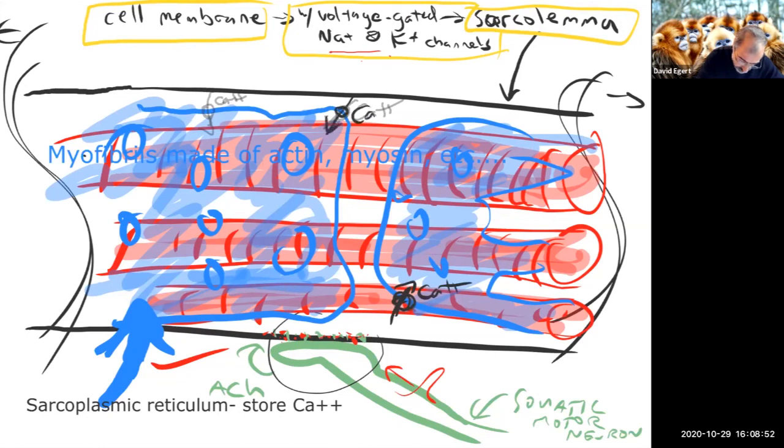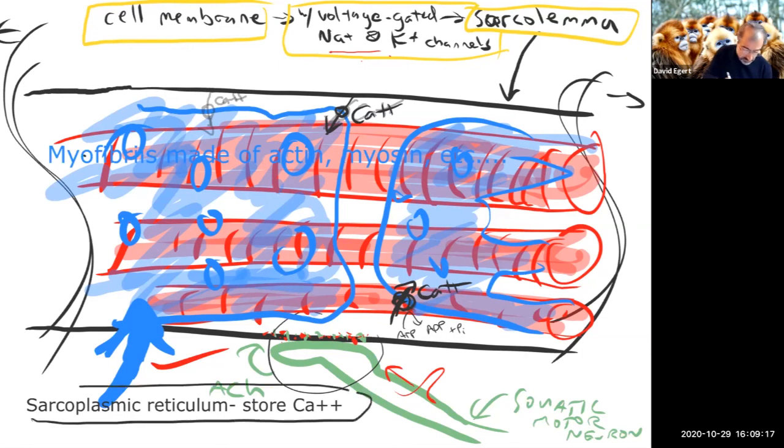So this is going to be important. These are burning ATP, actually. So we are actively vacuuming up all of the calcium that is in the cytoplasm and storing it inside the sarcoplasmic reticulum. The calcium is going to be important as well when we talk about excitation contraction coupling.